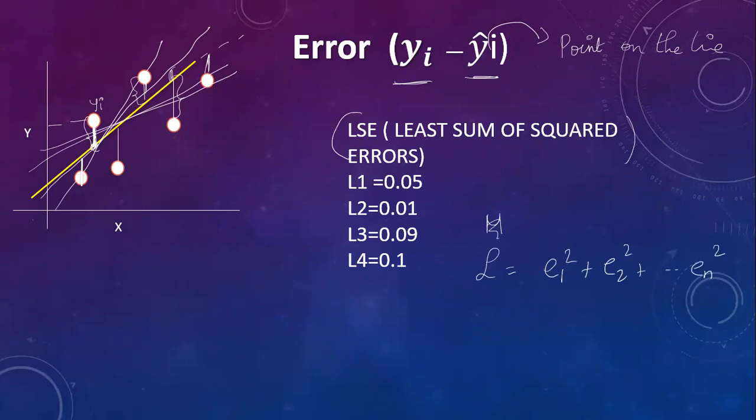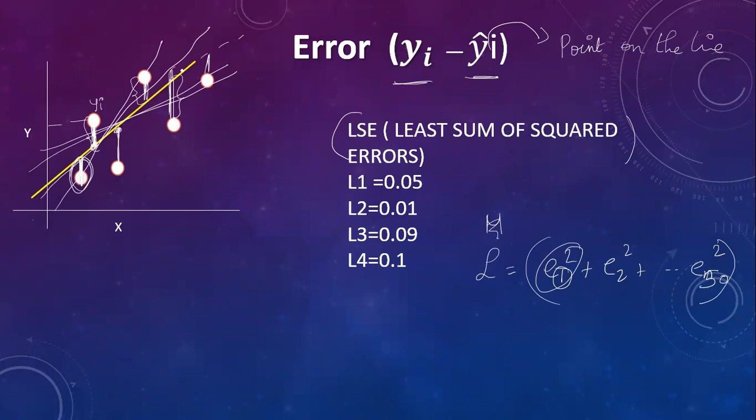E1 means the squared distance for the first point. This one represents the first point. If in the data set you have 50 rows, you'll have 50 points. So you have to find the error with the line for each point, and then square it and sum it all.